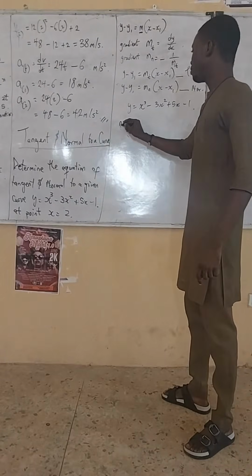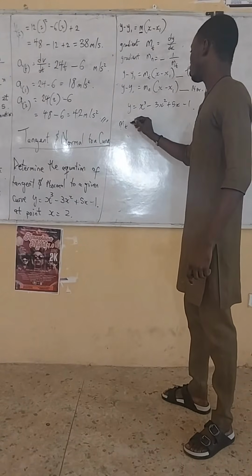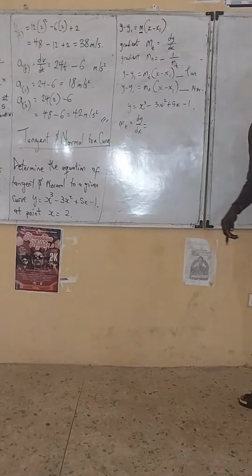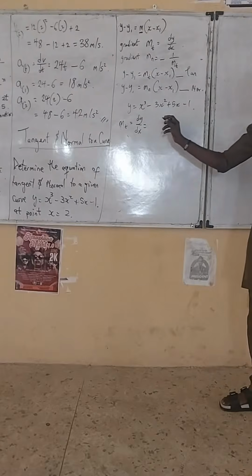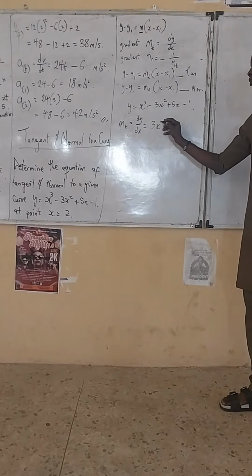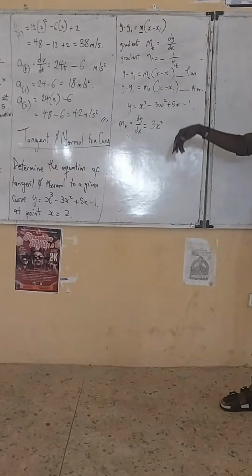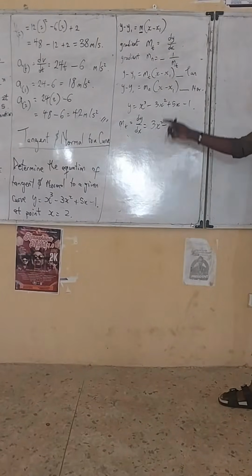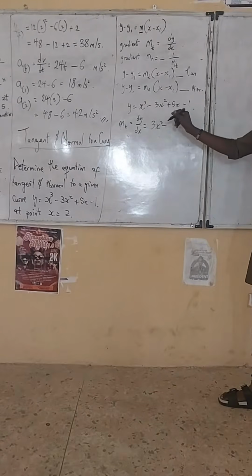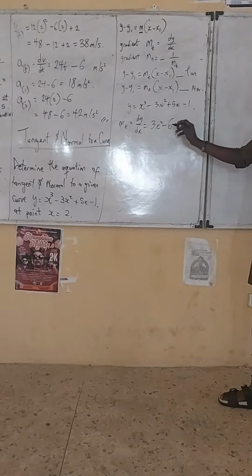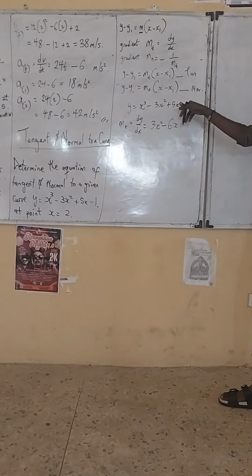So to get mT, the gradient, dy/dx will equal the derivative of x cubed, which is 3x squared. 3 multiply 1, take away 1 from the power, from the general rule. Minus 3 multiplied by 2, that's 6. Take away 1 from the power, that's 1. So x to the power 1 is simply x. That's 6x. Then you have 5x.